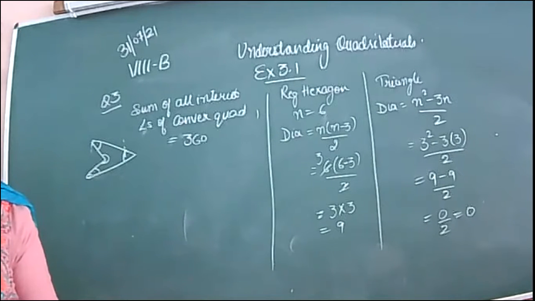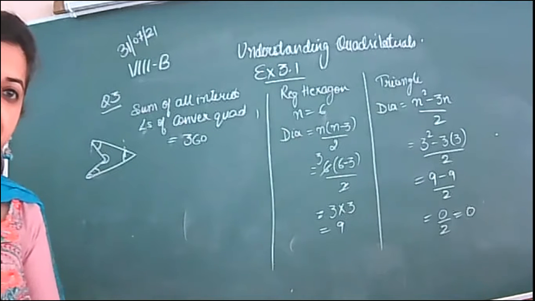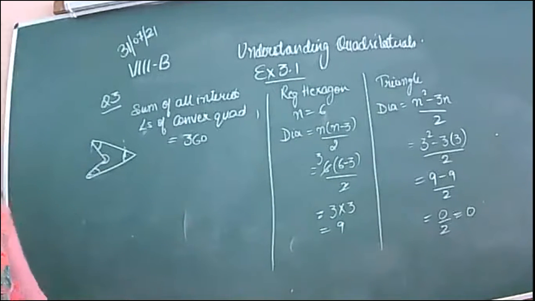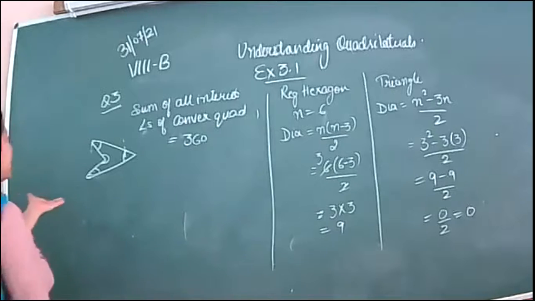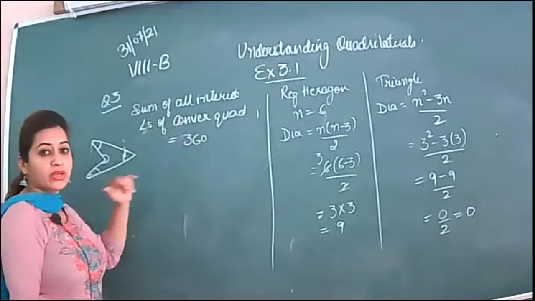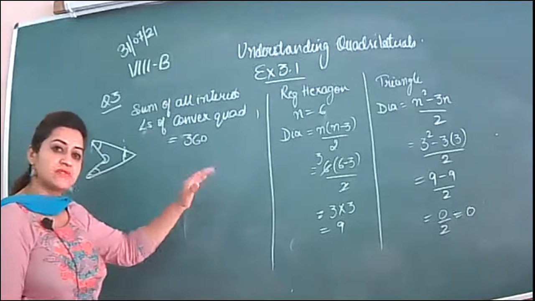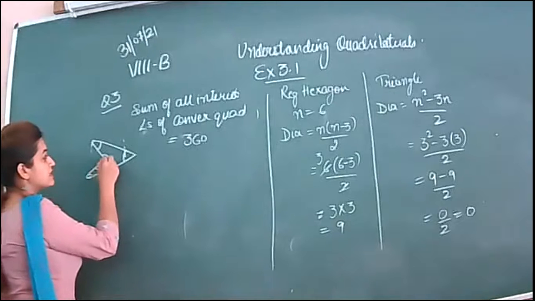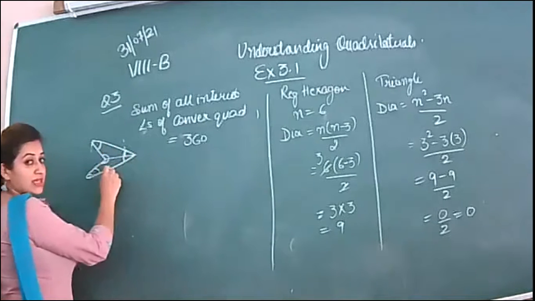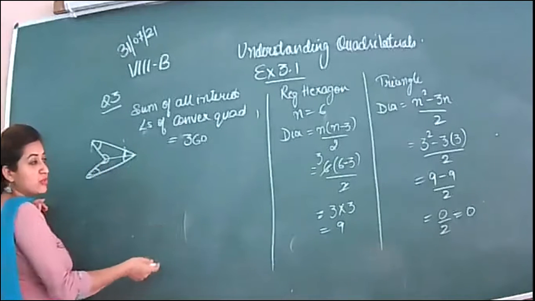Does this property hold? Is the sum of all the angles still 360? Yes. So whether it is a convex quadrilateral or a concave quadrilateral, the sum of the angles will be 360. How are you getting 360? If you divide this, two triangles are formed, and 180 plus 180 gives you 360.